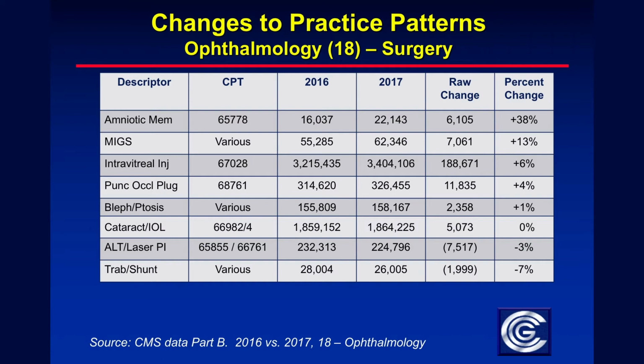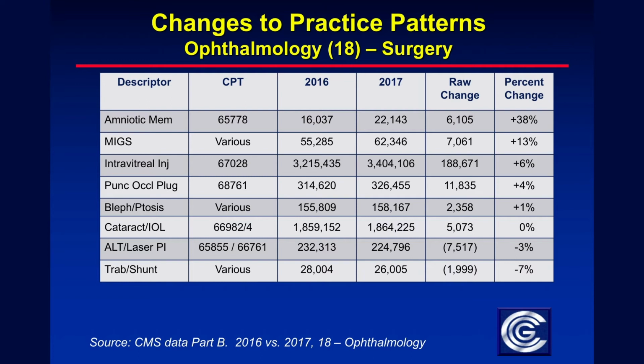When we compare Medicare data for 2017, the most recent year for which data is available, with 2016, the prior year, we see some remarkable things. There were large increases for some surgeries by ophthalmologists, particularly MIGS and placement of amniotic membrane. For most ophthalmic surgical procedures, there were very modest changes.